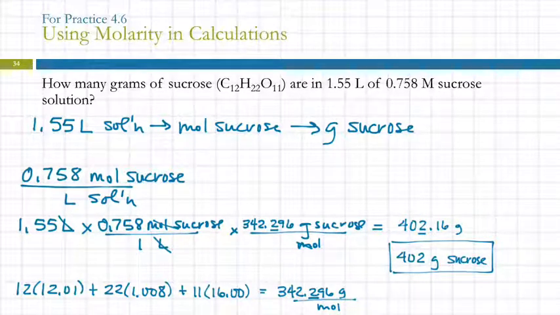Well, a kilogram would be 2.2 pounds. So this is less than a kilogram, right? It's under half a kilogram. So could that amount of sugar fit in 1.55 liters? Yeah, it probably could. Now, if you ended up with 402 kilograms of sugar, that would be 800 pounds of sugar. There's no way you can fit that in a soda bottle, right? This is not going to happen.